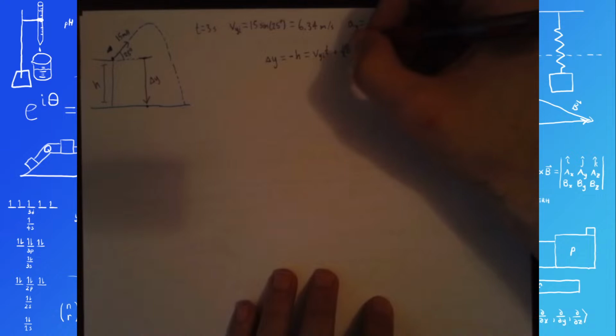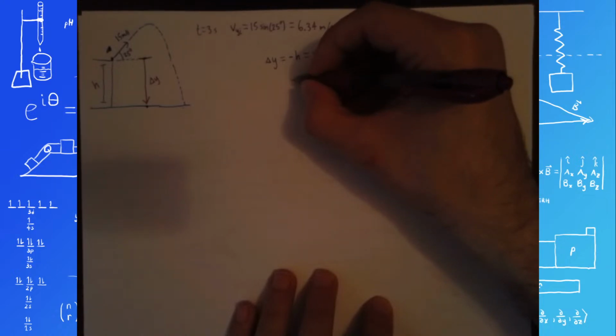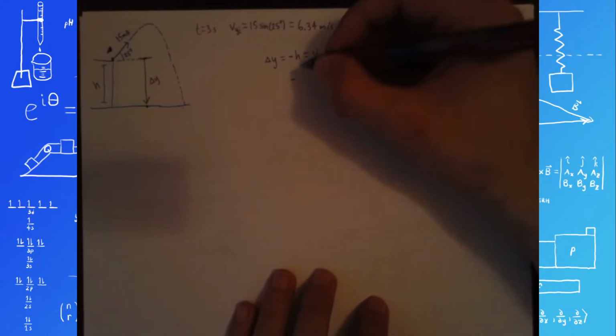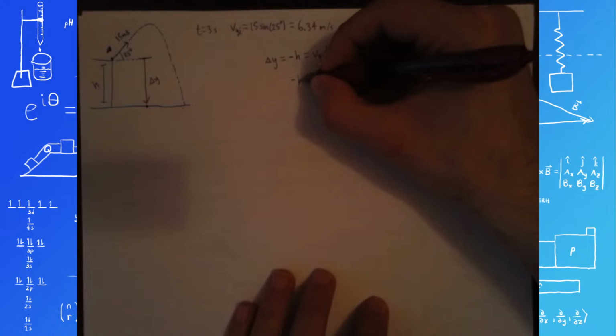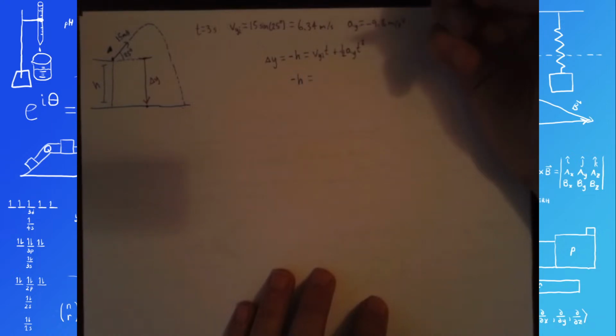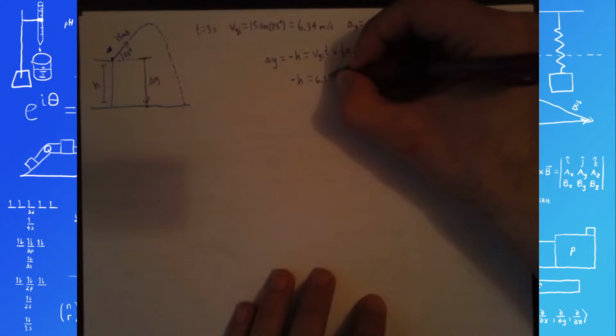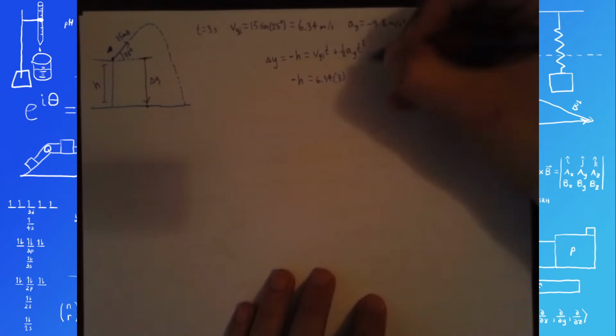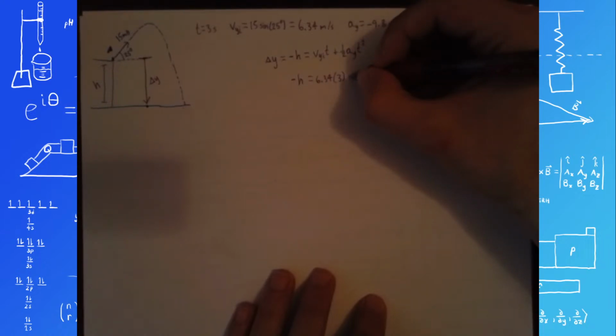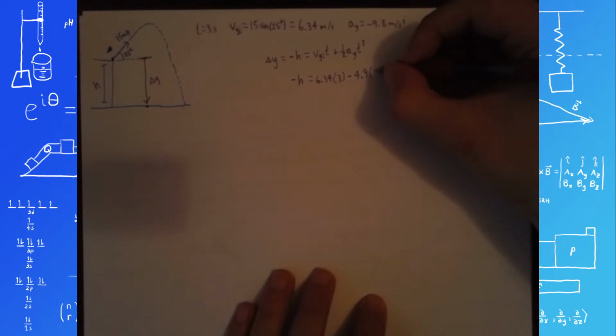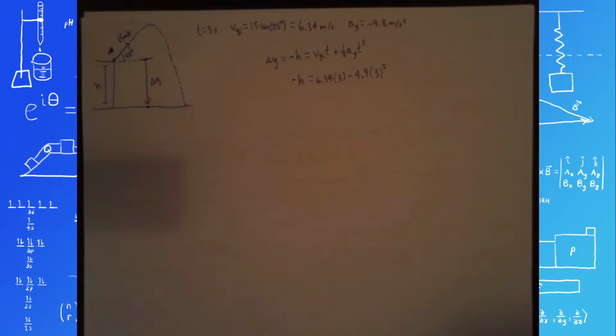I'm sure many of you are getting annoyed that I write it out almost every time, but I think that's what helps it stick. So negative h is equal to 6.34 times t, which equals 3, plus 1/2 negative 9.8, so negative 4.9, times 3 squared.